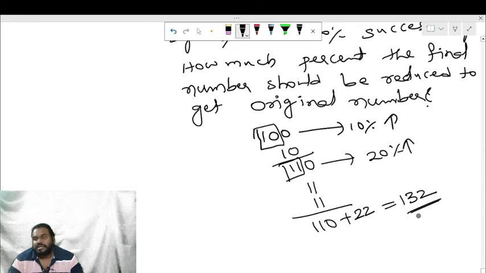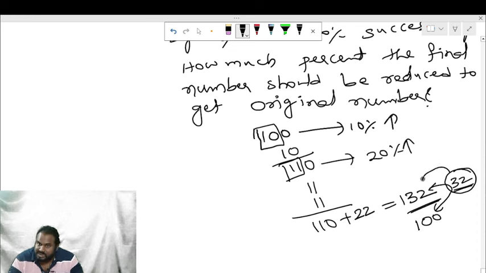So on this 132, how much percentage should it be reduced to make it 100? How much percentage I don't know, but I know the value. 132 is more than 100 by 32. So if I can know the value of 32 in terms of percentage out of 132, not out of 100, because we need to reduce this value, right?